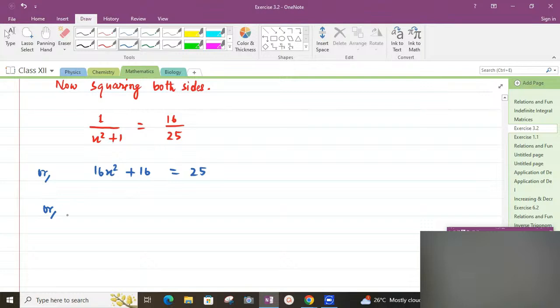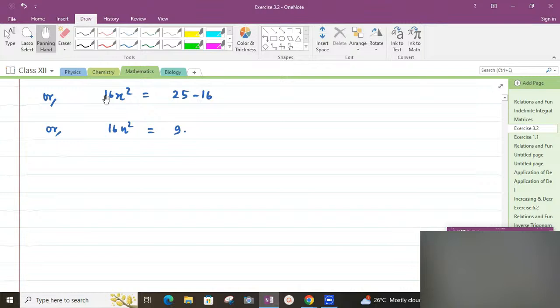So the next step will be 16 x square equal to 25 minus 16, when 16 moves to the right hand side. So the next step will be 16 x square equal to 25 minus 16 equal to 9.